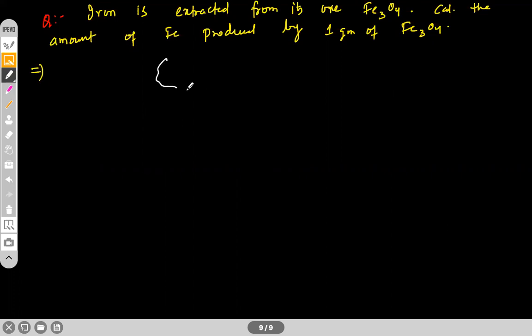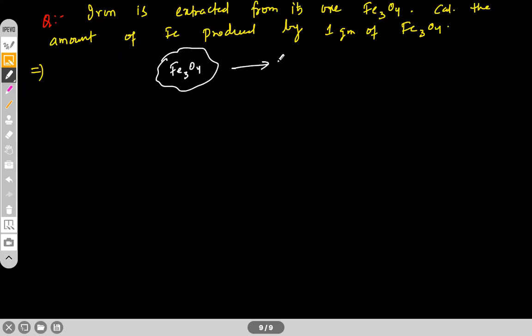That you have a sample. What sample? Sample of Fe3O4. And in this, there is some amount of iron present. That iron you have to extract. Means from this you have to take Fe out. Then what is the mass of iron you'll get from 1 gram of this sample? That is what the question is.